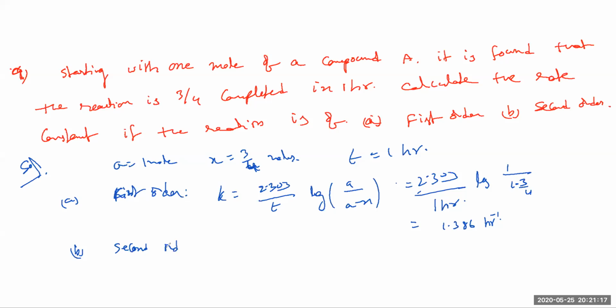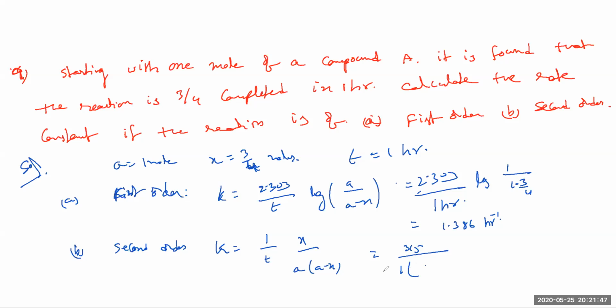For second order, what is the formula? K is equal to 1 by t into x by a into a minus x. Substitute the values: x is 3 by 4, t is 1 hour only, and a is again 1 only.